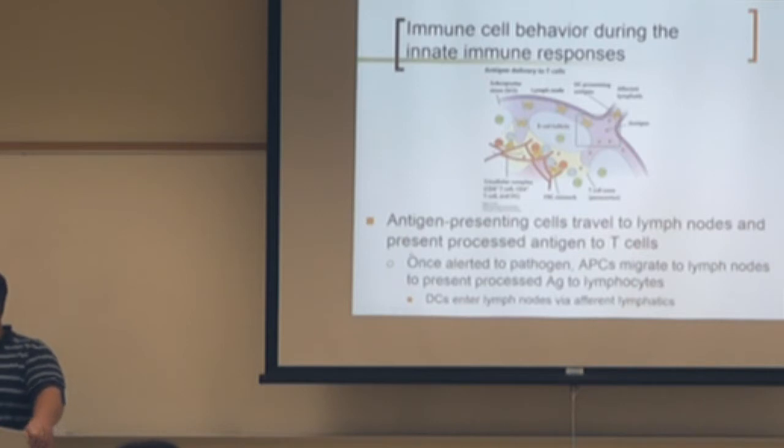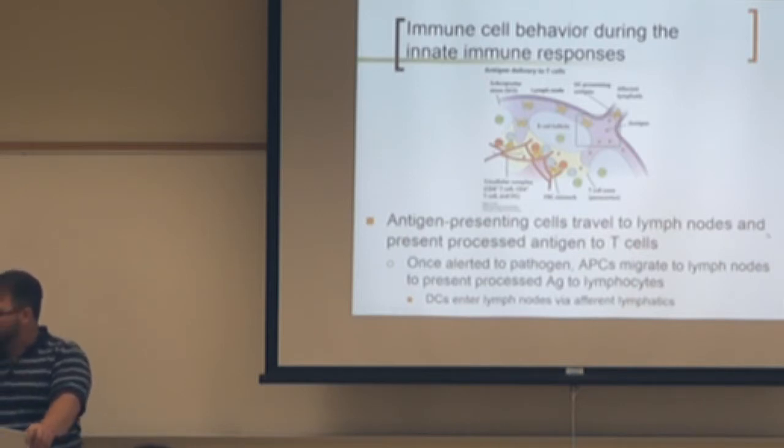Let's move on really quick. Antigen presenting cells travel to the lymph nodes. In that circumstance, some dendritic cells or macrophages took up some of those pathogens, moved to the lymph nodes, processed the antigen, and presented it to T cells.